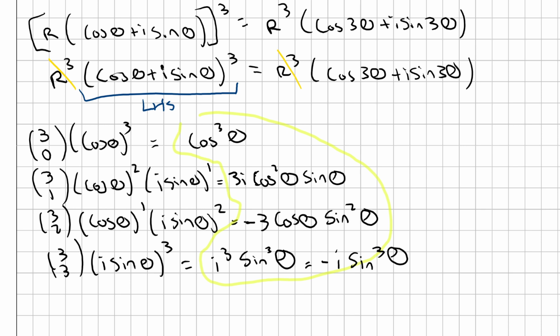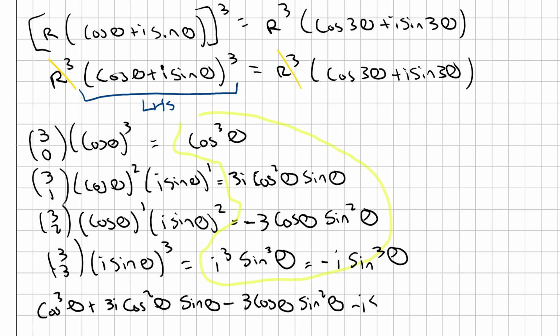So I can write down the left hand side again here: cos cubed theta plus 3i cos squared theta sine theta minus 3 cos theta sine squared theta minus i sine cubed theta is equal to the right hand side, cos 3 theta plus i sine 3 theta.